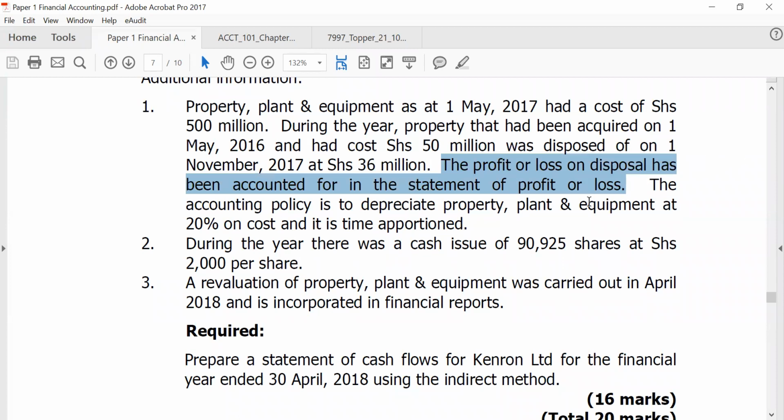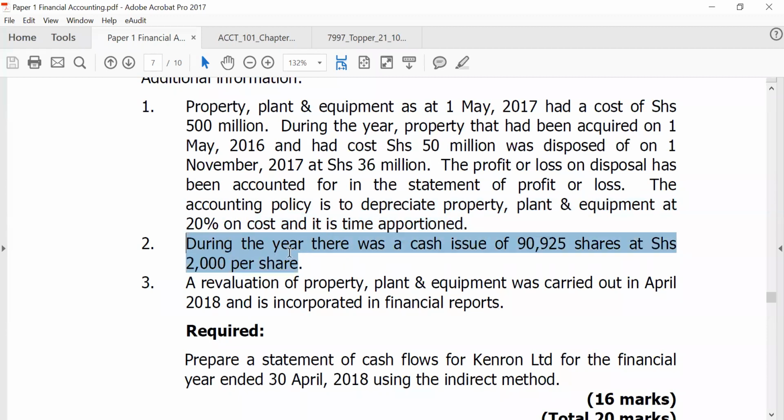But then they are also telling us that the accounting policy is to depreciate plant, property and equipment at 20% on cost, and it is time apportioned. So we're also going to look at this. This we first leave out. I want us now to also look at this.